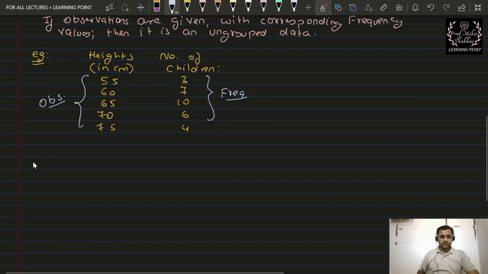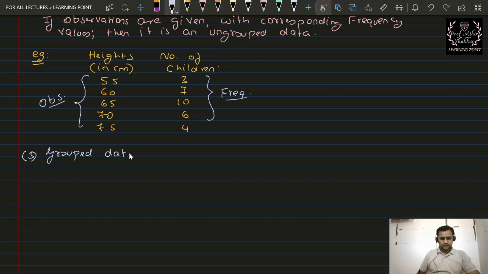The next one that we have is called as the grouped data.